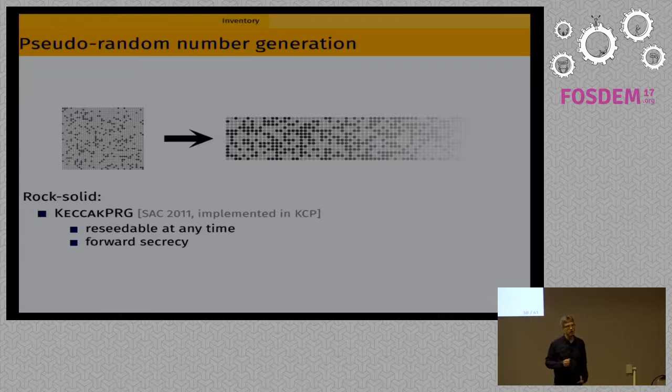So at any given time, you can say, okay, forget the past. And if your state is compromised, let's say the PRG is generating secret keys, and at some point the memory is recovered by an attack, then the attacker cannot go back beyond this point. So it's irreversible and the attacker cannot find the secret keys that have been derived using this function before this irreversible operation.